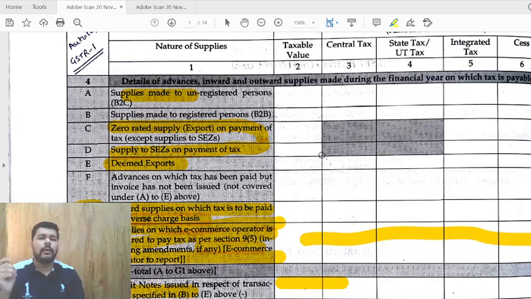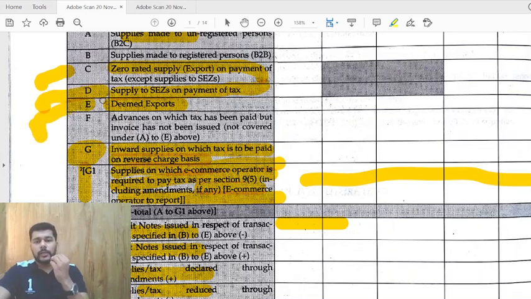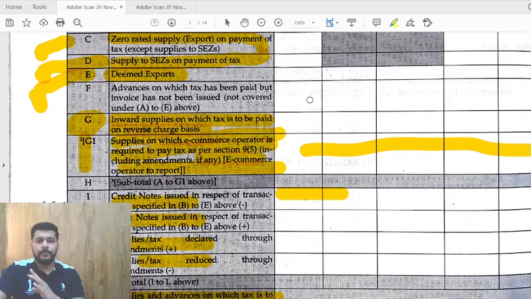Even during the refund assessments or the refund scrutinies that happen, they check your GSTR 1 data, they check your GSTR 3B data, and they will also check your GSTR 9 data reflecting the turnover of exports, zero rated supply to SEZs, and deemed export transactions. If you have any, they also get cross verified from here. And so it is necessary to remember that this data has to be also very accurately reported.